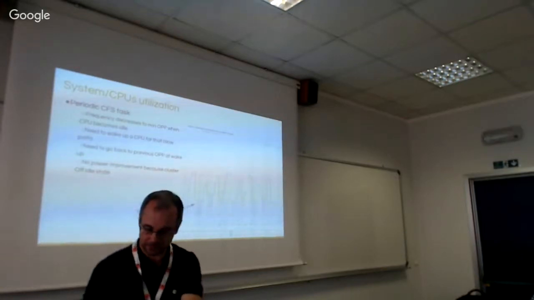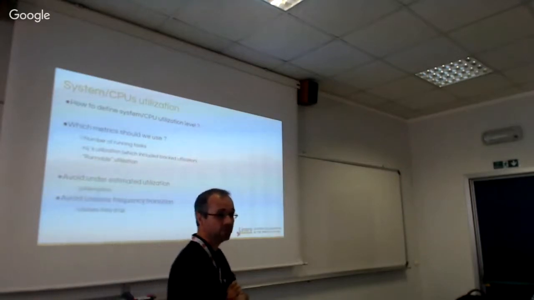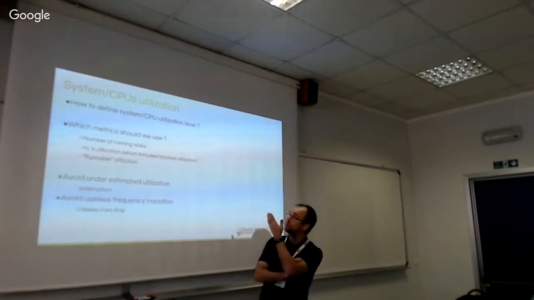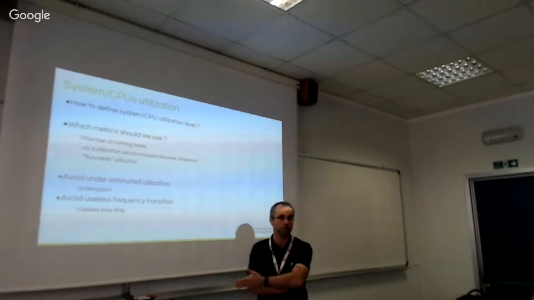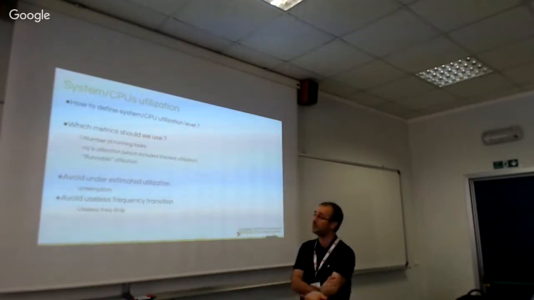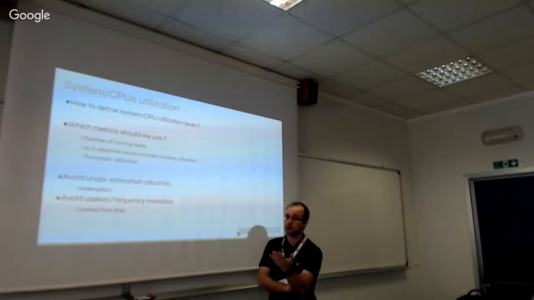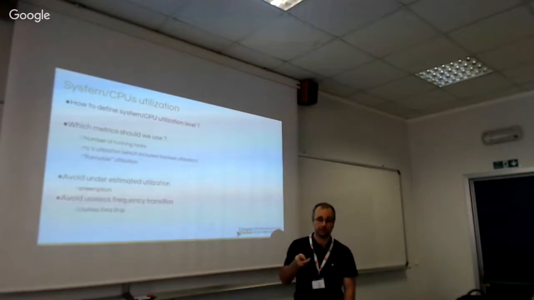I don't know which metric we should use to find a CPU or system utilization. Right now we are using the number of running tasks. Should we really do that? It was used before because of the blocked problem. Should we still need that? What is the utilization at the IRQ level? So there is RT, CFS, deadline, IRQ.